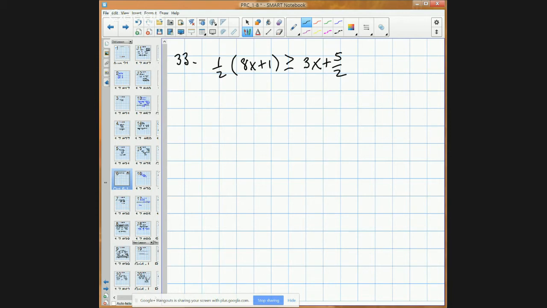All right, so I'm assuming, Noah, you did the distributive property on the left first? Yeah, I didn't know where to really start. I thought to do it that way. Okay, that's good. 1/2 times 8x is 4x. 1/2 times plus 1 is plus 1/2.